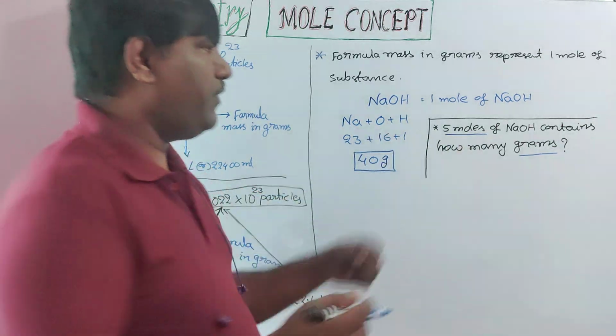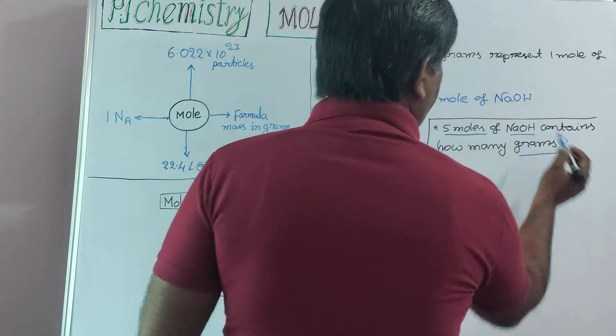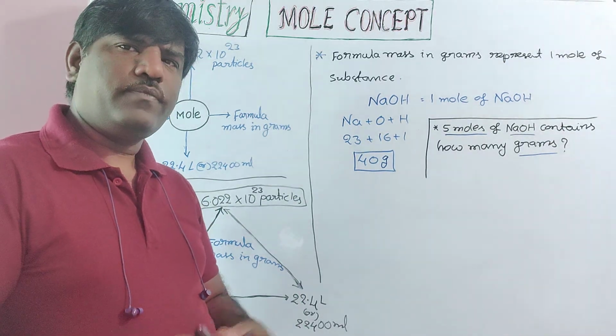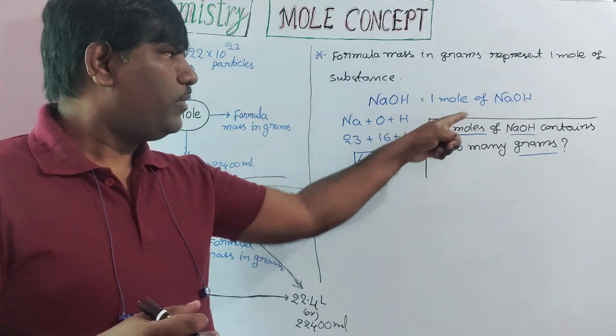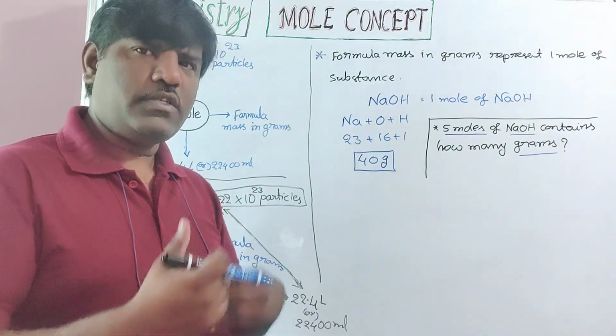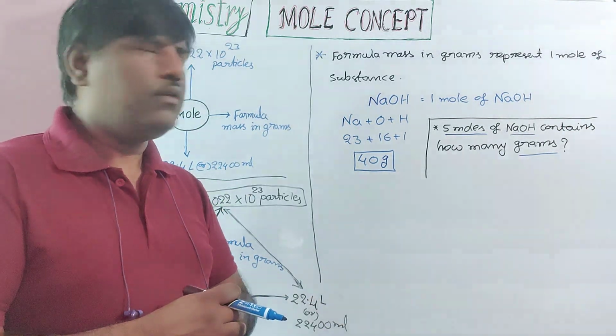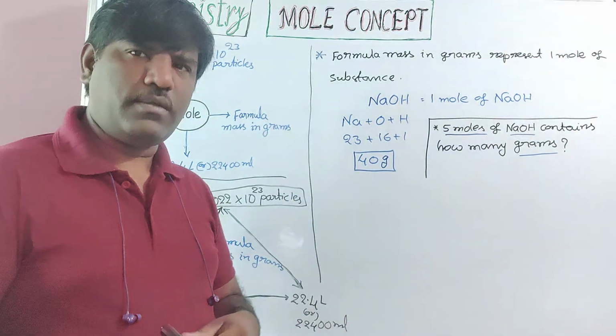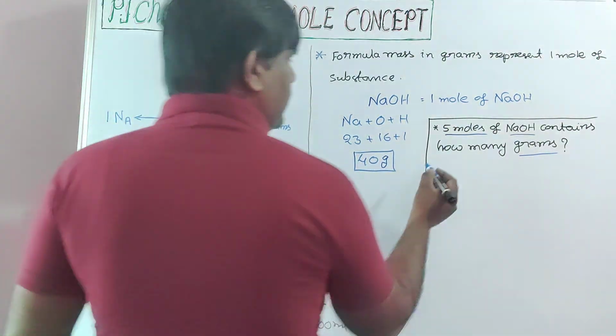We identify the formula they gave, NaOH. Before that, I should calculate for 1 mole. 1 mole of NaOH contains 40 grams.